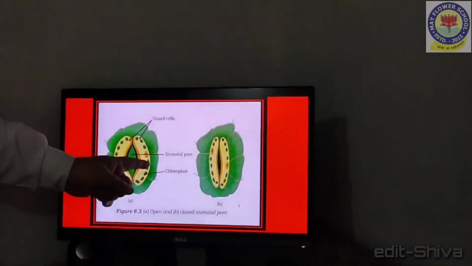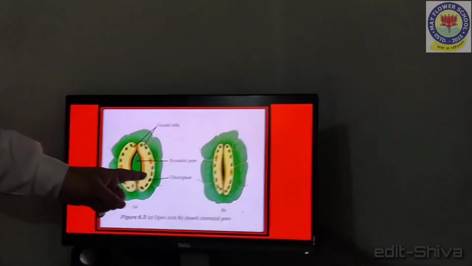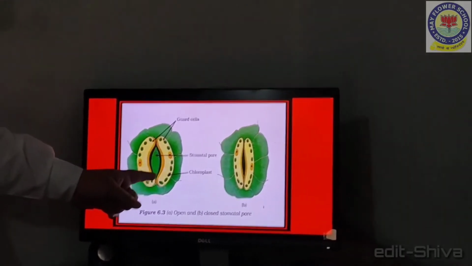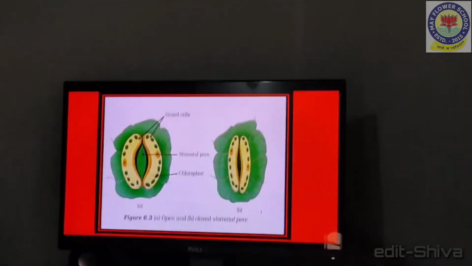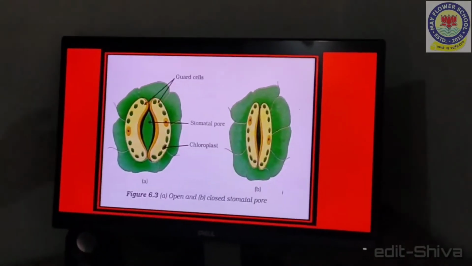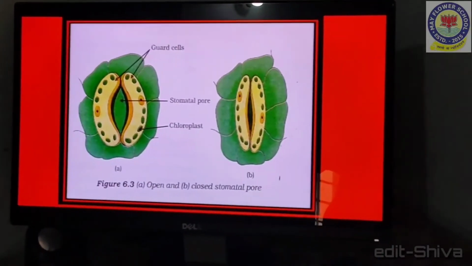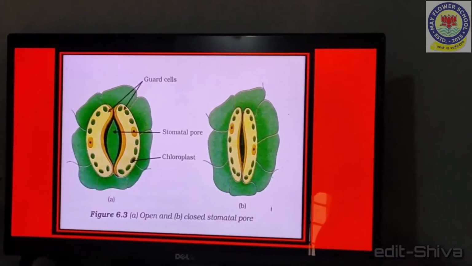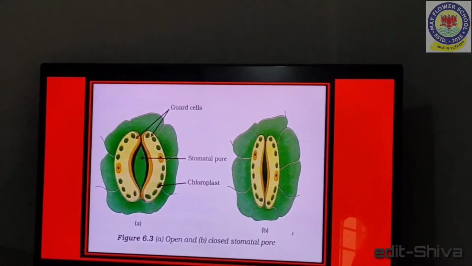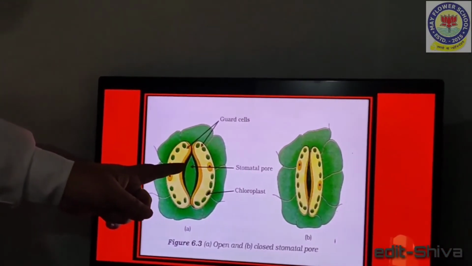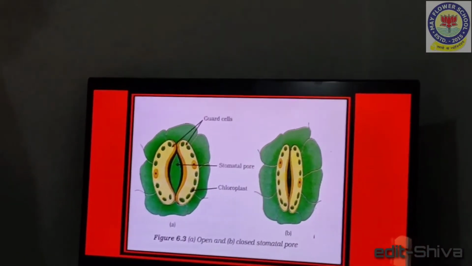Actually, the outer lining of the guard cell is very thin and the inner lining is very thick. So, water puts more pressure on the outer lining of the guard cell. As a result, the guard cell bulges out and the stomatal pore becomes open during daytime.